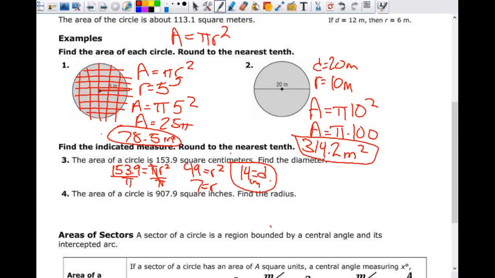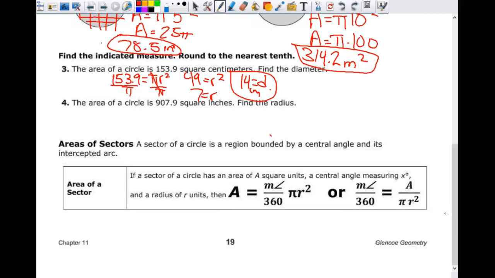All right, try doing this one on your own then. We're going to write the equation. We know 907.9 is equal to pi r squared. Divide both sides by pi.